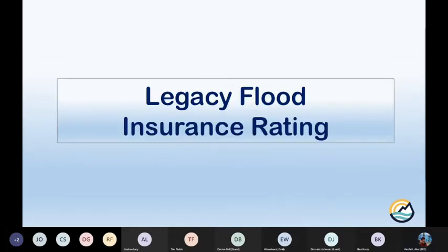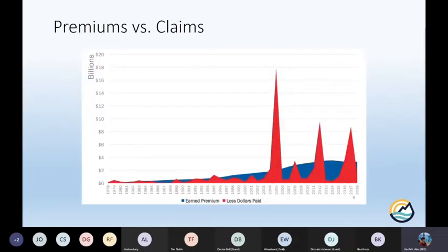So I want to give you guys a little background about how flood insurance worked up until about October. FEMA's terming this their legacy method because it's kind of going away. It's the previous one. So we're going to talk about how premiums were rated previously. To start off, I want to show you guys this graph.